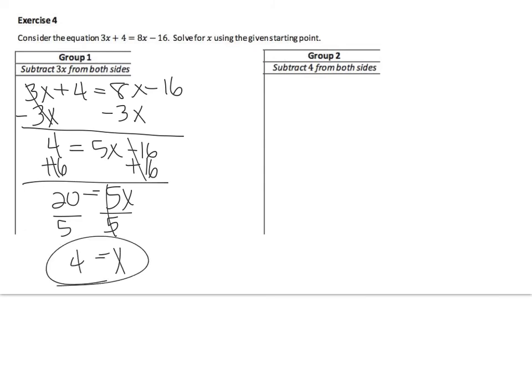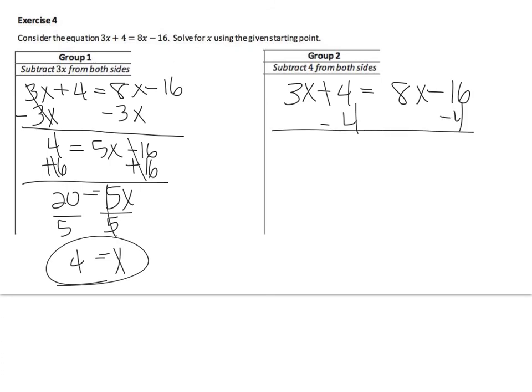Or we can start by the first thing we do is subtract 4 from both sides. Oh, goodness. There's the problem. I was very confused there. I wrote down the wrong problem. There we go. Subtract 4 from both sides. 3x equals 8x minus 20.